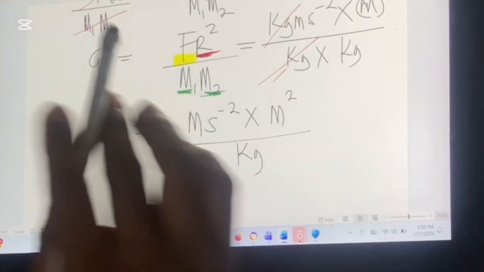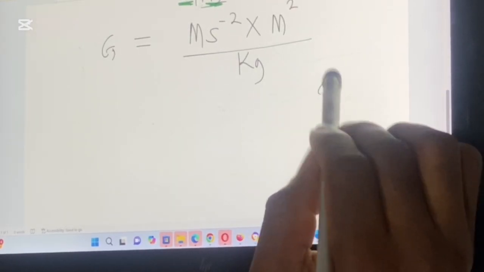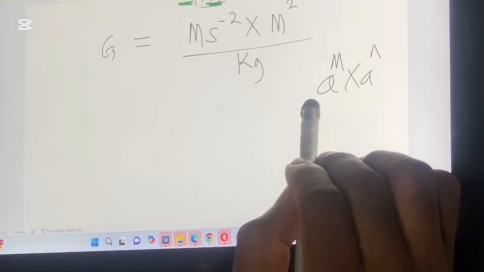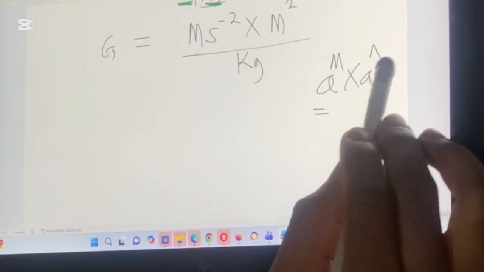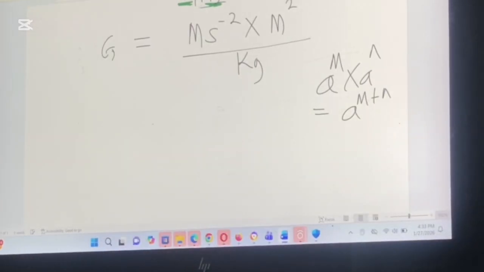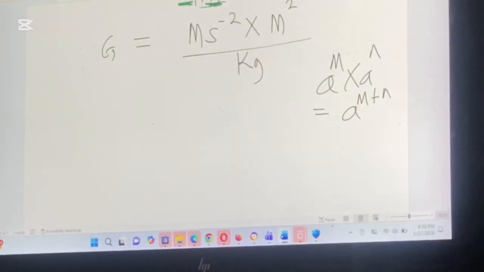Whenever we have a raised to the power of m times a raised to the power of n, we take one base and add up their powers. So this will be a raised to the power of m plus n. Whenever we have two of the same letter, we take only one and add up their powers.